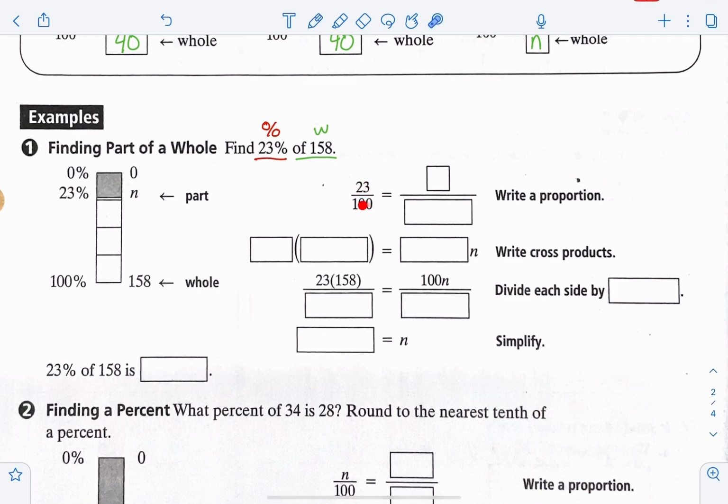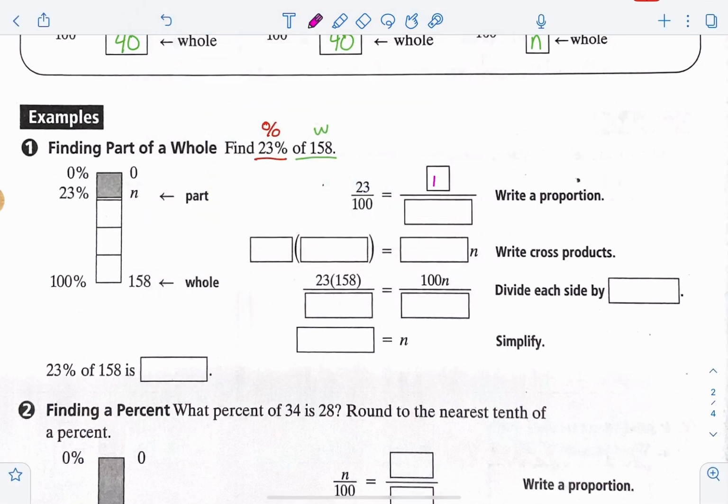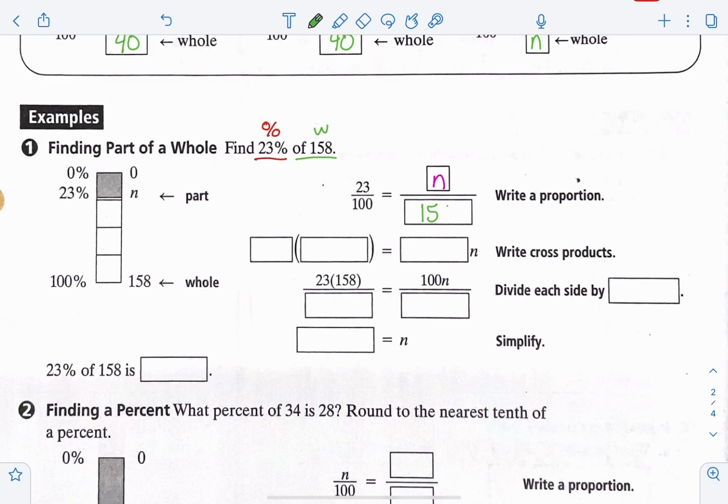We have 23 over 100, because that's the percent over 100, equals part, which is n and we don't know, over whole, which is 158.